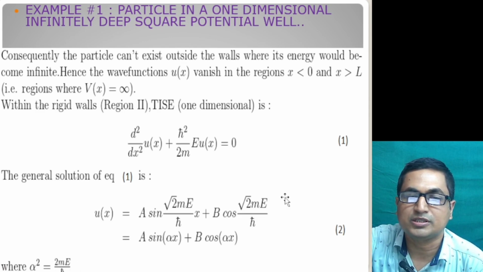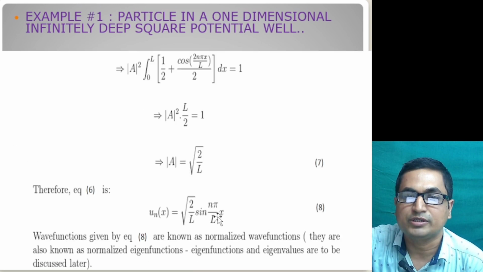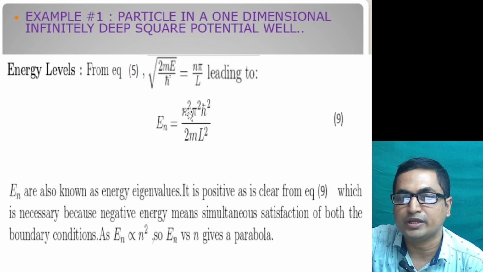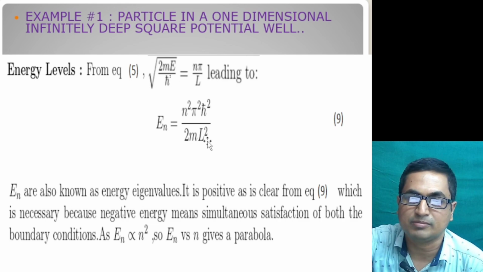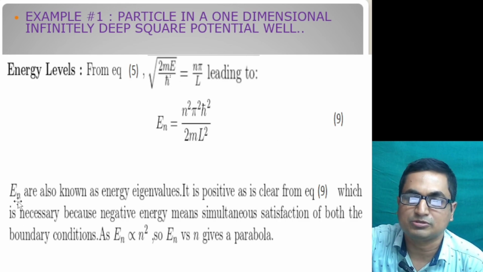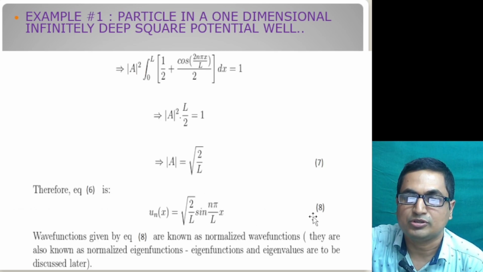Putting this in equation 5, we get √(2mE)/ħ = nπ/L, and taking the square of these quantities, we get the energy E_n = n²π²ħ²/(2mL²), given by equation 9. Also we put a subscript here because E is now dependent on n, just like the wave function u_n, and these are simply the energy eigenvalues for the wave function given by equation 8.